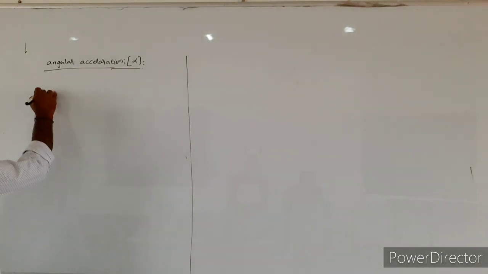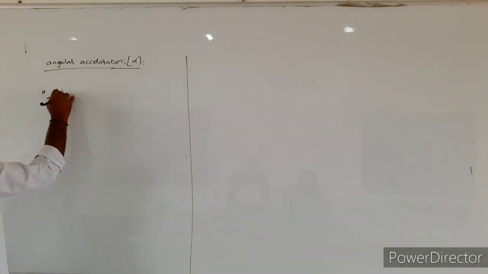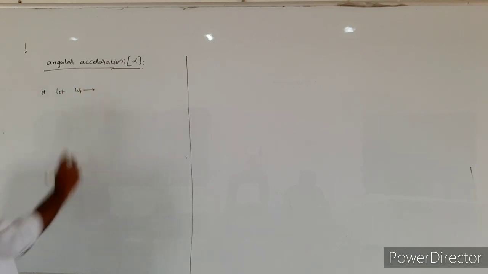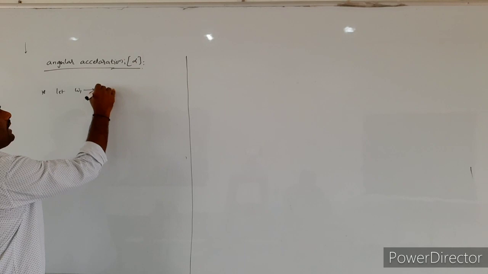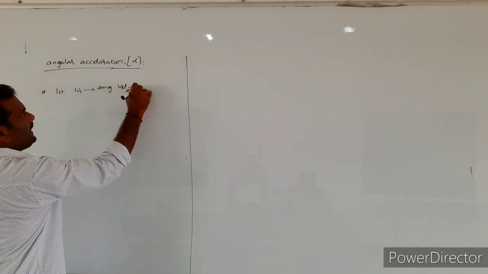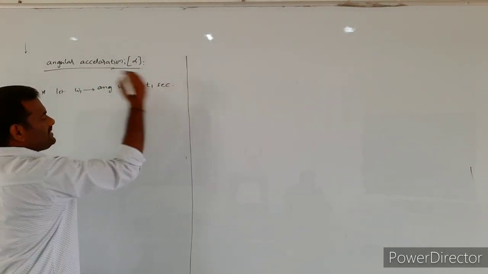So here we are assuming that let omega 1 is angular velocity of a given particle at a time of t1 seconds.